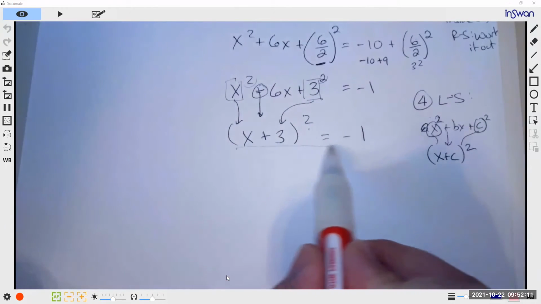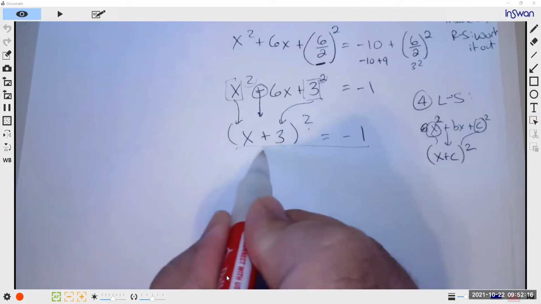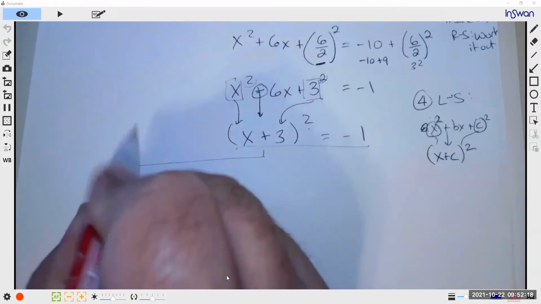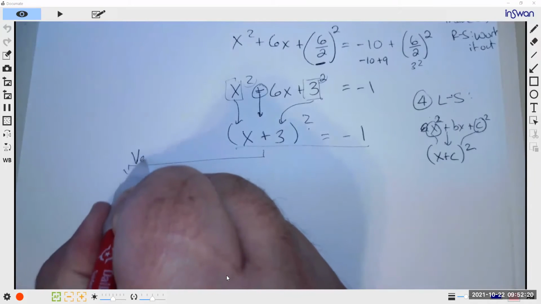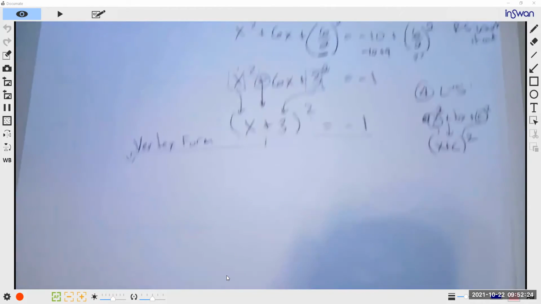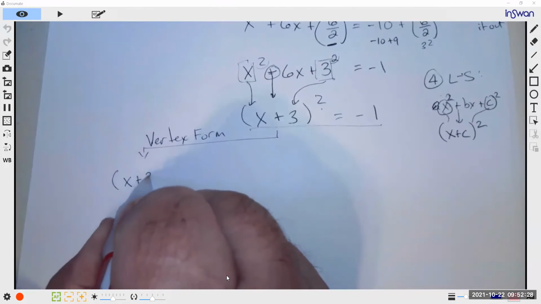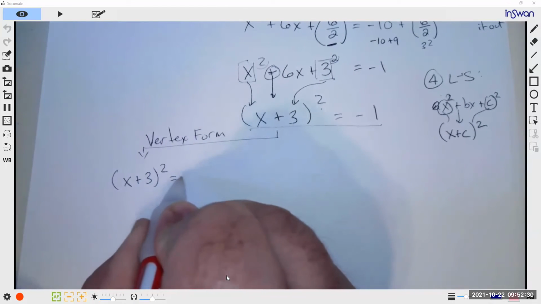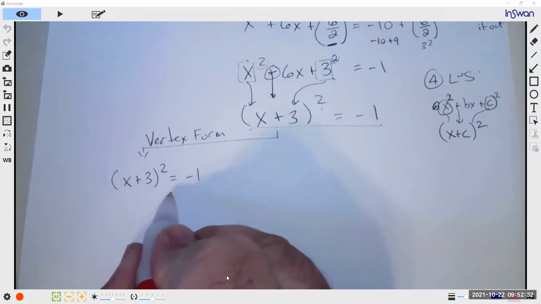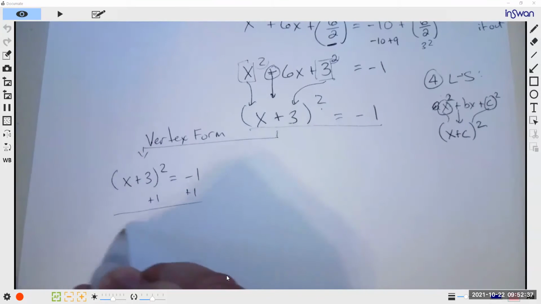Because now, once we have it in this form, we can put it in vertex form by setting it equal to 0. So put everything on one side.